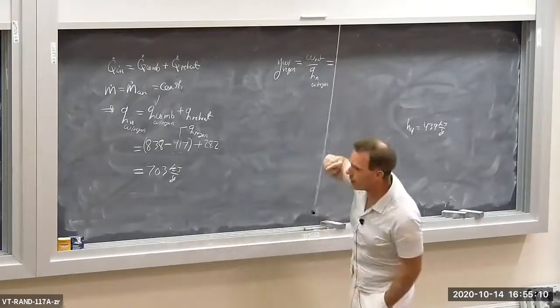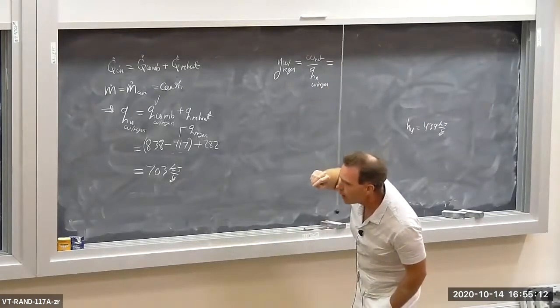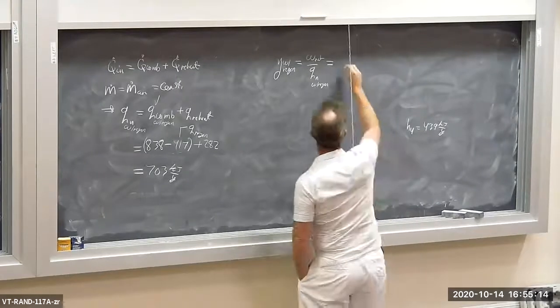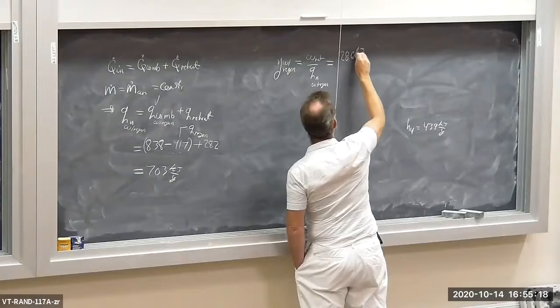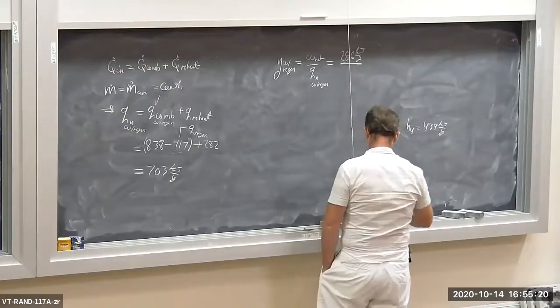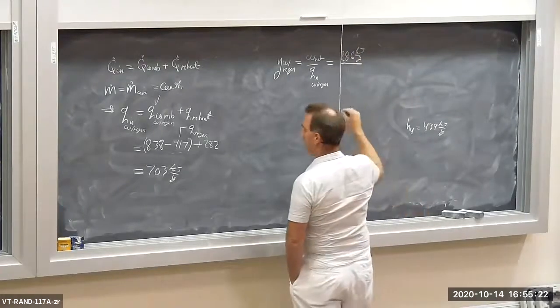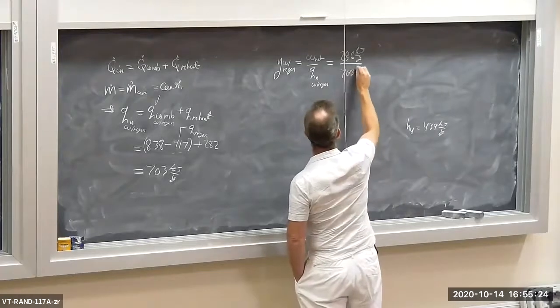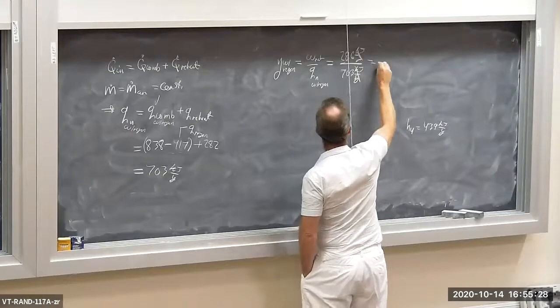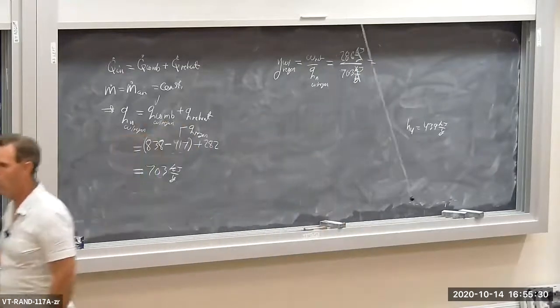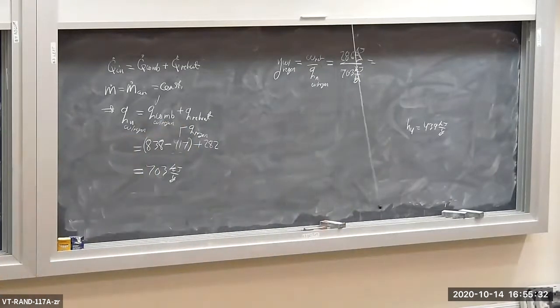I get W net 282 kilojoules per kilogram divided by 703 kilojoules per kilogram. They cancel out. What's my new efficiency?